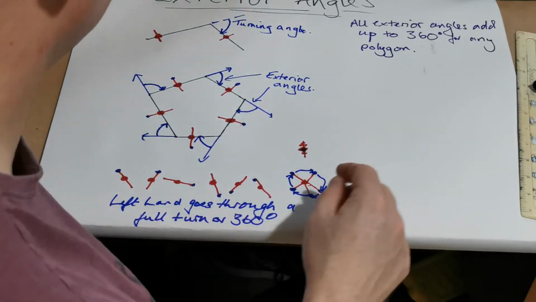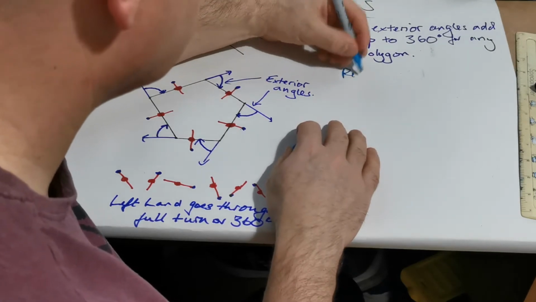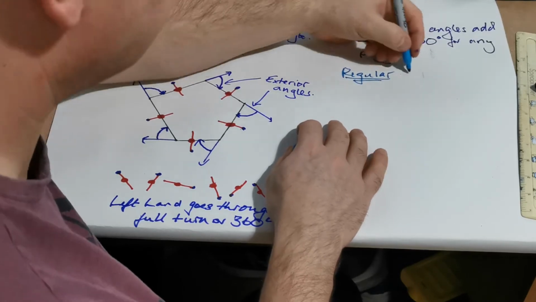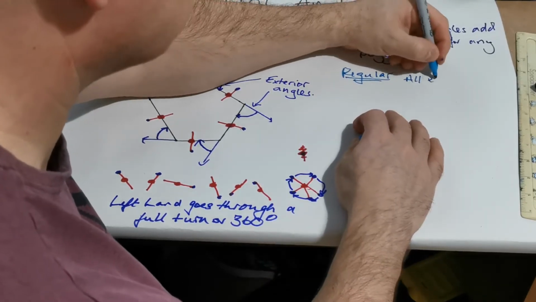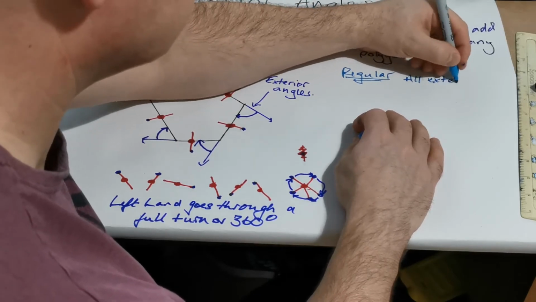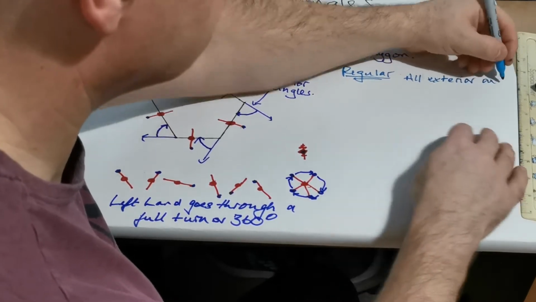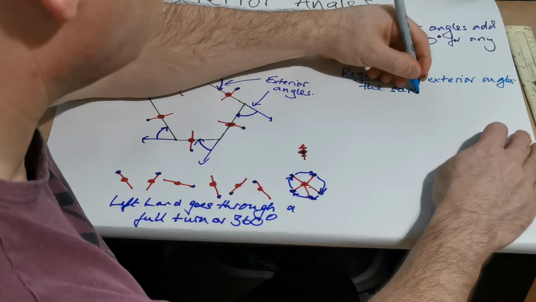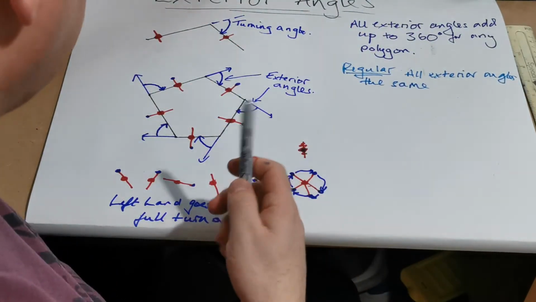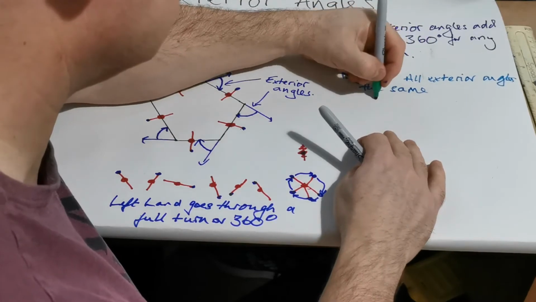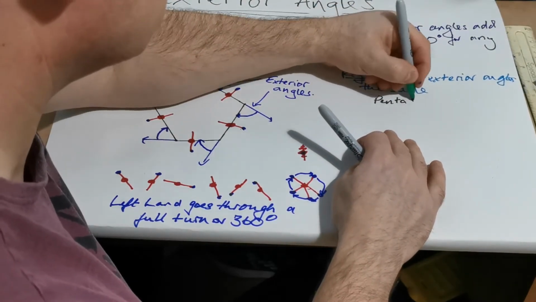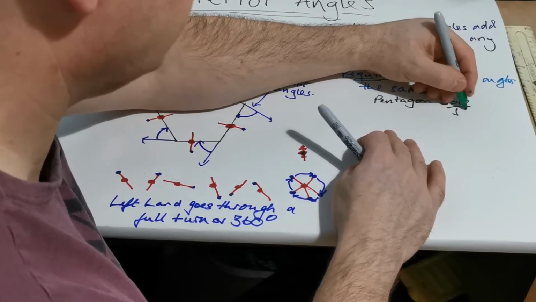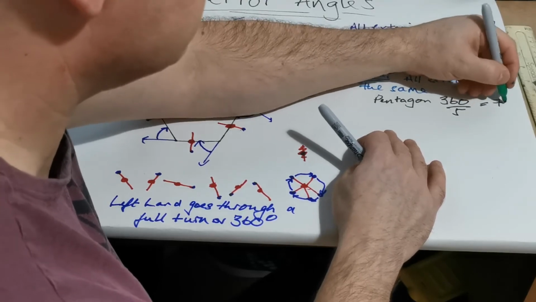Now for regular shapes, all exterior angles are the same. So if we were thinking about my pentagon here, so for a pentagon, it would be 360 divided by 5, which is 72 degrees.